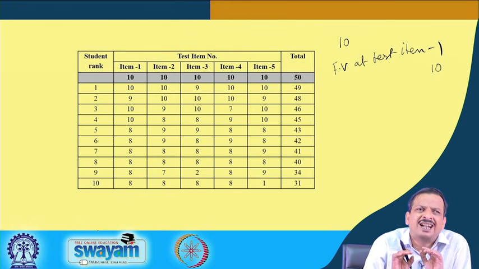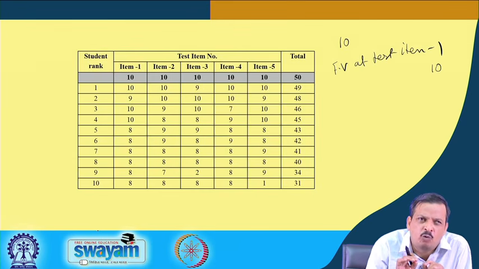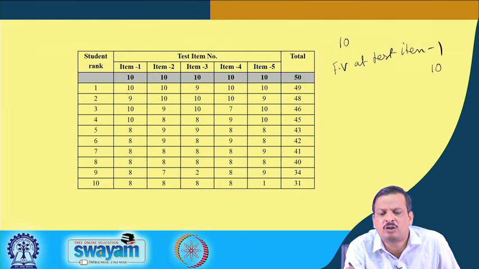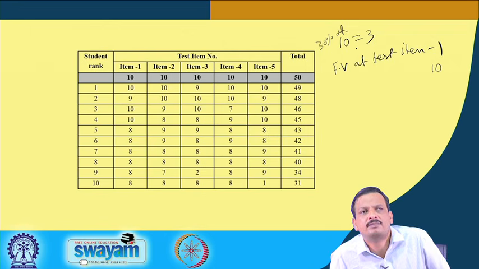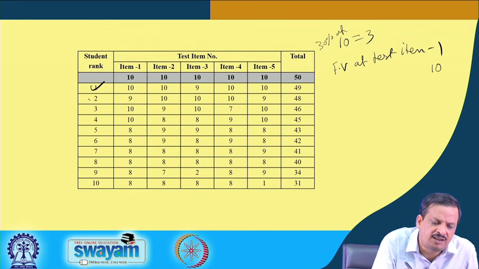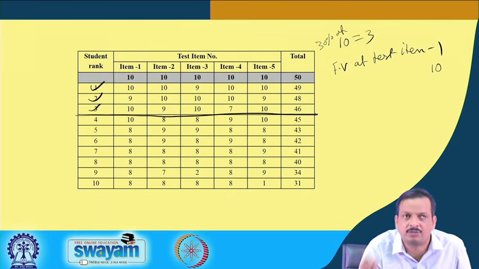So, what is the upper group size? From rank 1 to 30%. So, 30% of 10 students is equal to 3 students. So, the upper group is these students, these students, these students. So, these consist the upper group students.